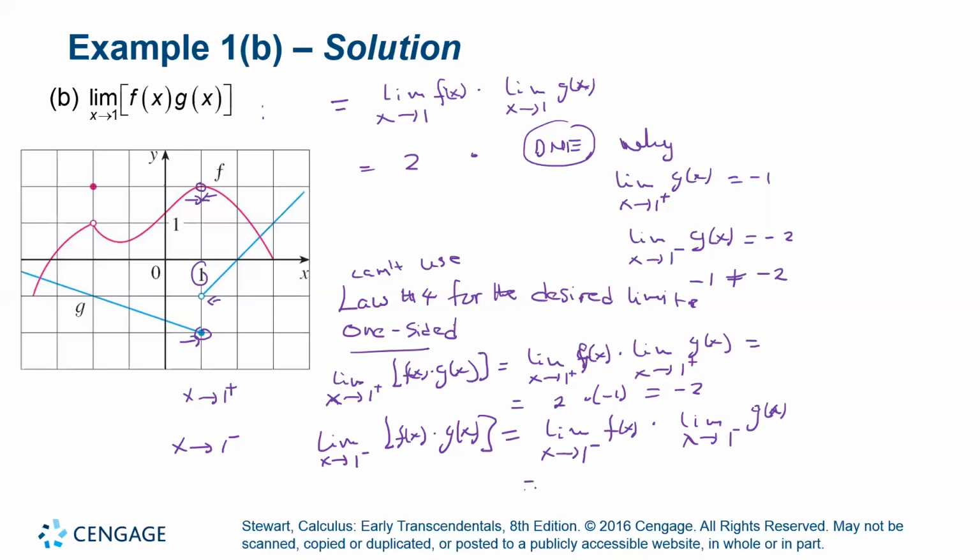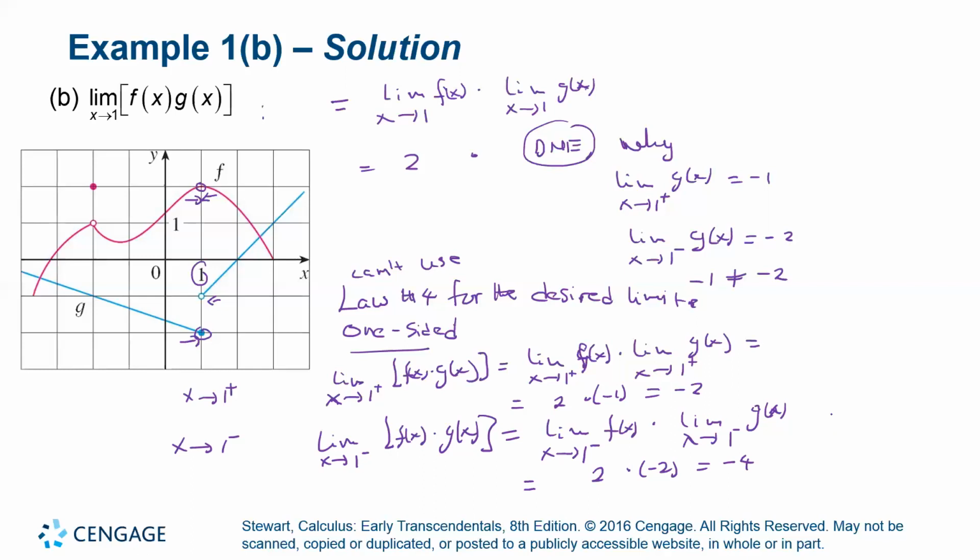Now, f of x approaching 1 from the left is also 2, and g of x from the left is equal to -2. So you have 2 times -2, which is -4.